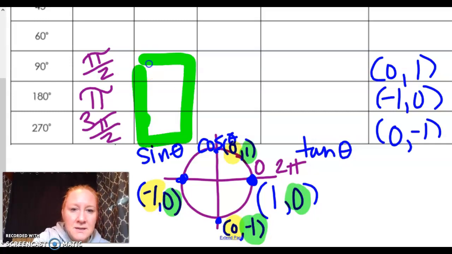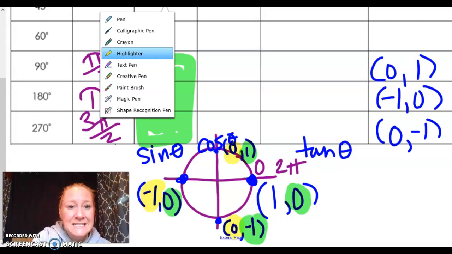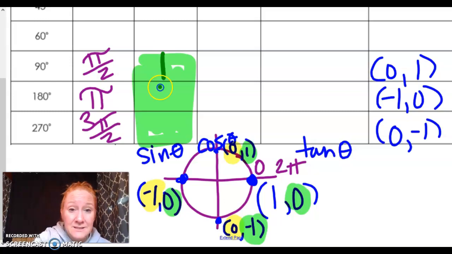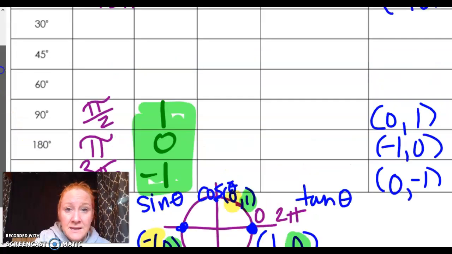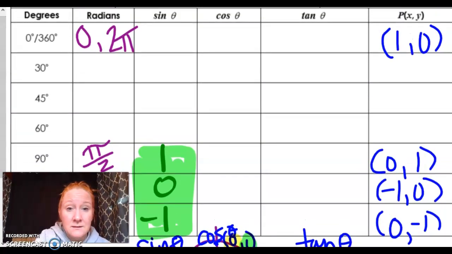So let's just make this all green because that's fun. So if sine is my y value, for pi over 2, the y value is 1. For pi, the y value is 0. For 270, the y value is negative 1. You can go up here, at 0, the y value is 0.